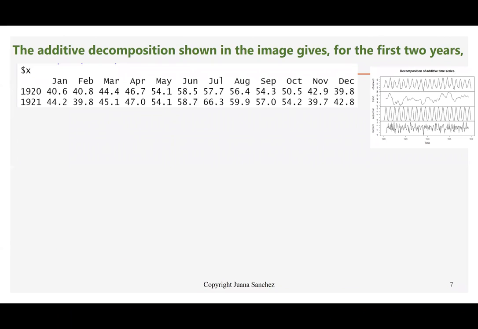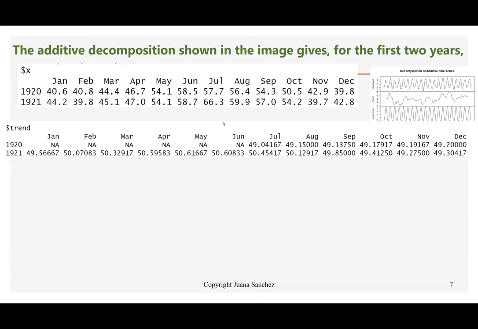Here are some of the numbers of that decomposition. We're focused on the first 2 years. Because it's monthly data, we have 12 values for each year. The decomposition produces a term trend, and we are going to be using smoothers, moving average smoothers. That's what decompose uses. When we use smoothers, we lose some data.